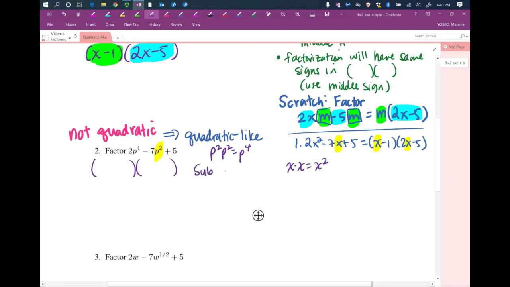We have substituted, instead of an x, we've used p squared, right? So look right here, that we have in yellow. This x has been replaced with p squared. So we're going to replace this x in this factorization with p squared. So we're going to have p squared minus 1, and then 2p squared minus 5.